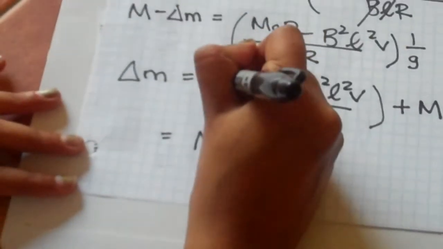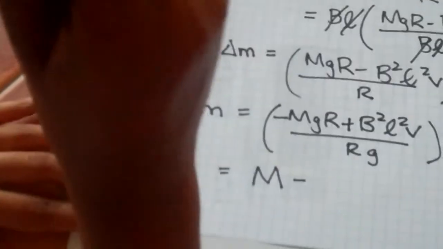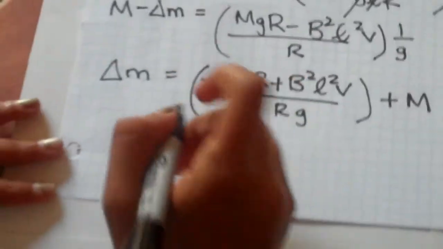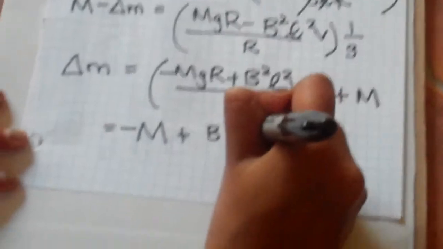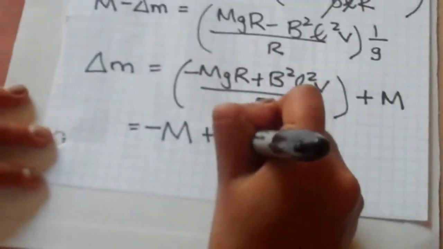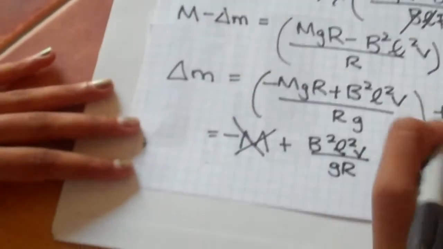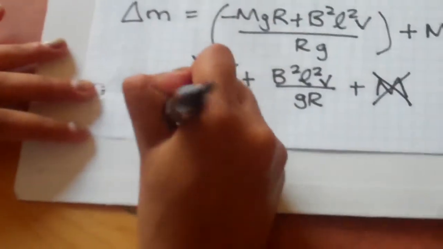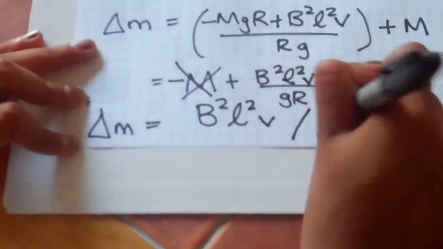I'm sorry, these signs are actually switched because this is a minus M in the initial case. So now that the signs are right, we're going to end up with minus M plus B squared L squared V over GR plus M. Now we can cancel, these add up to 0, and we know that delta M equals B squared L squared V over GR.